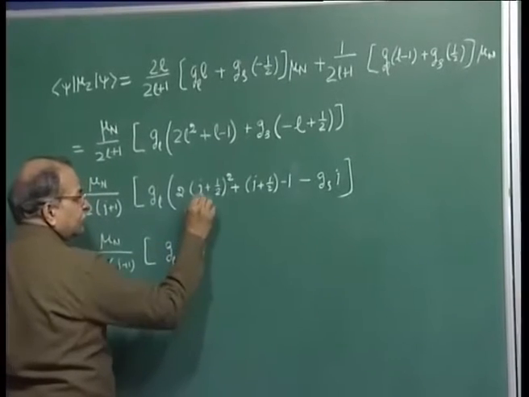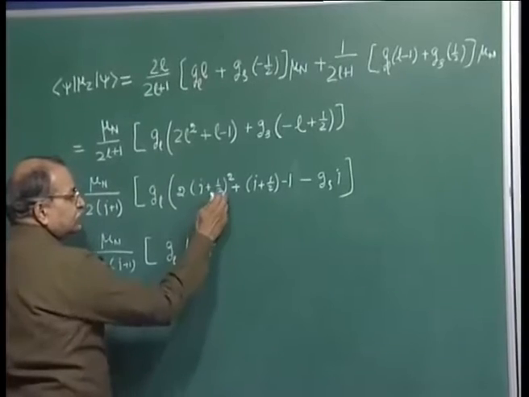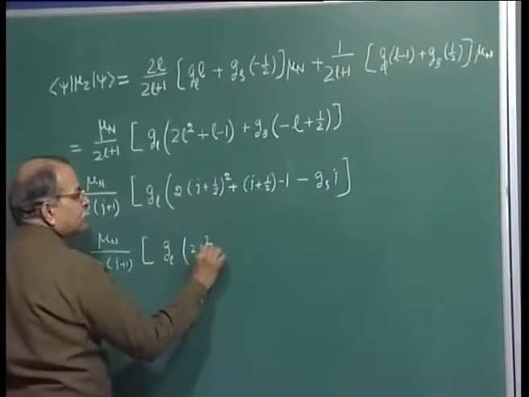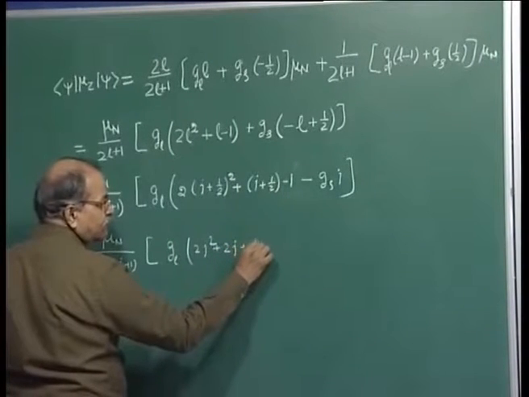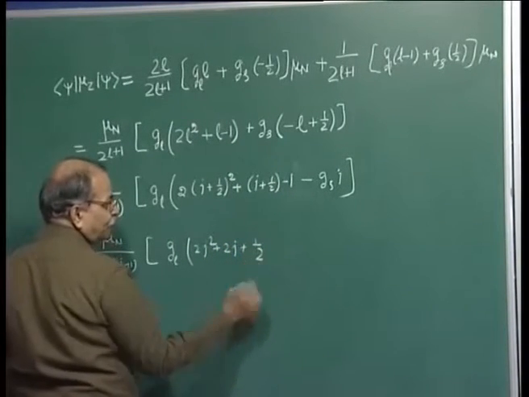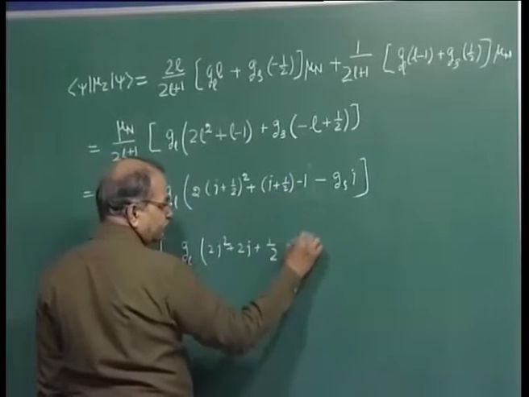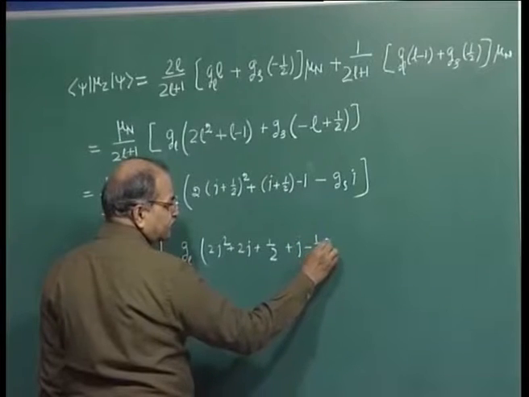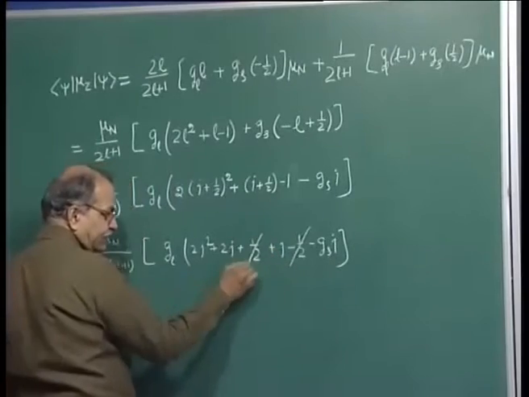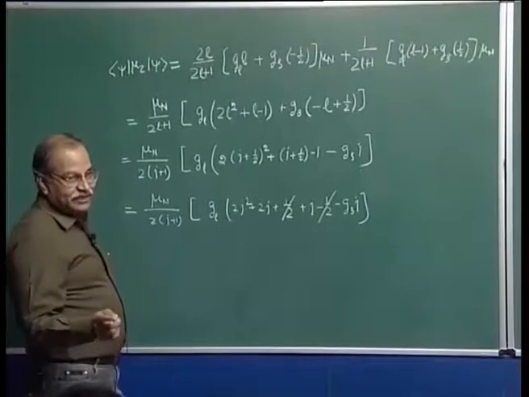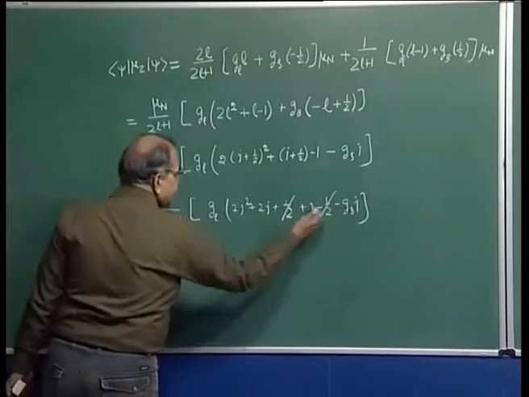If I just expand it, what happens? J square and 2 j square, then this part is plus 2 j and plus 1 by 2 and plus this j, and half minus 1 is minus half and minus GS times j. So, does this cancel? This is what I was telling, that the constant part should cancel out, and now I can take that j common out.